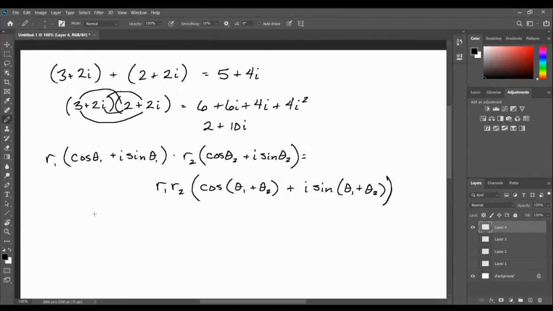And it's similar when we do division. r1 cosine theta 1 plus i sine theta 1, divided by r2 cosine theta 2 plus i sine theta 2.